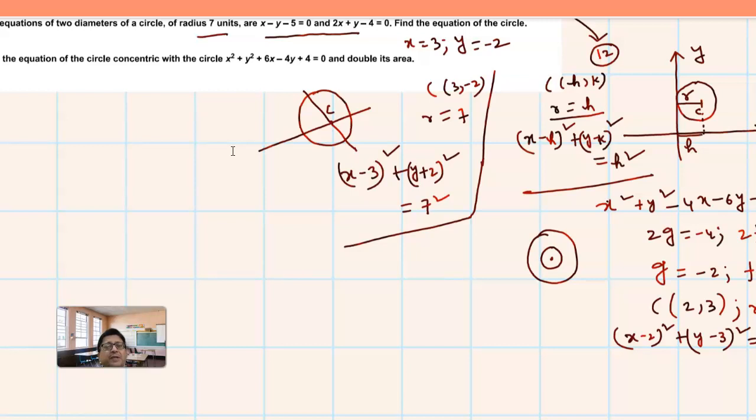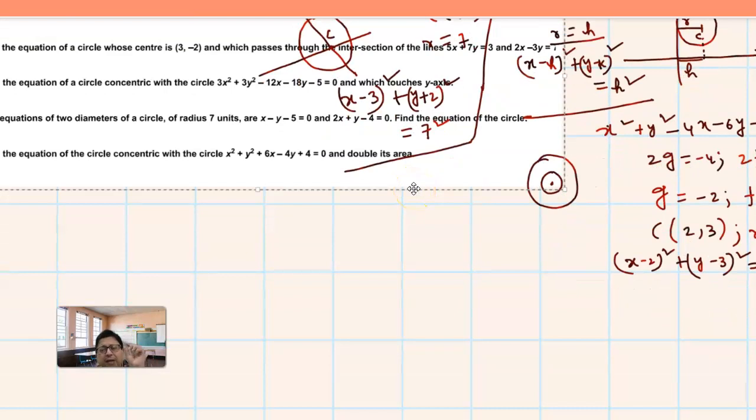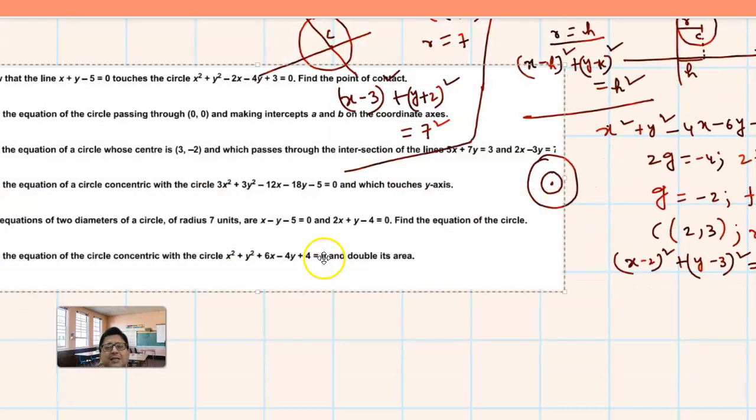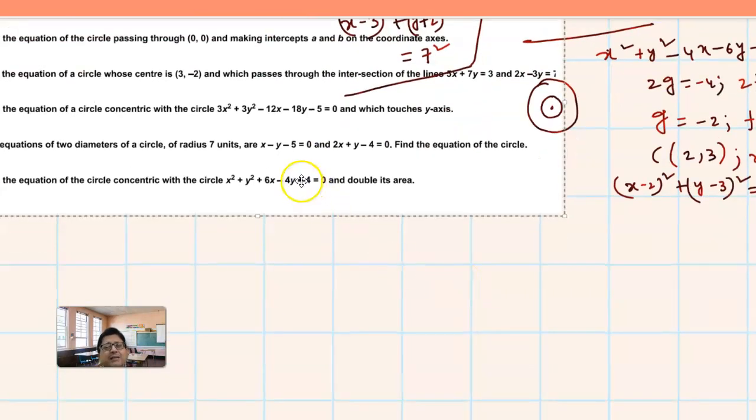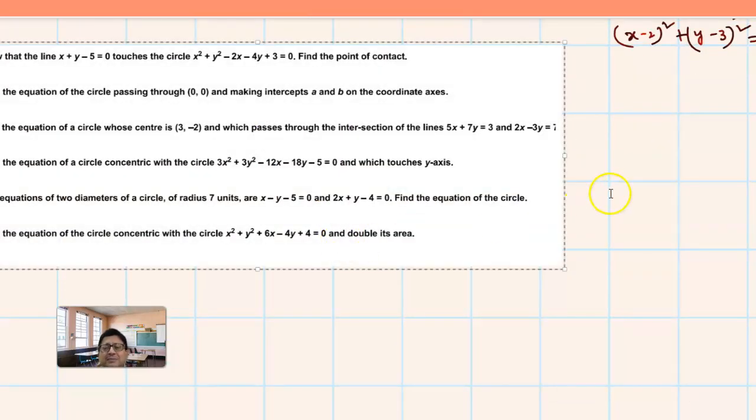Number 14. Find the equation of the circle concentric with this circle and double its radius. How to tackle this kind of sum? If you have a little bit of concept of concentric circles, you can manage. Concentric circles have the same center.